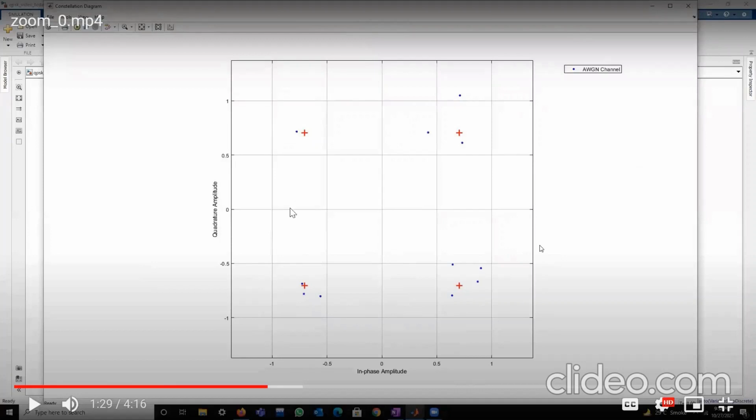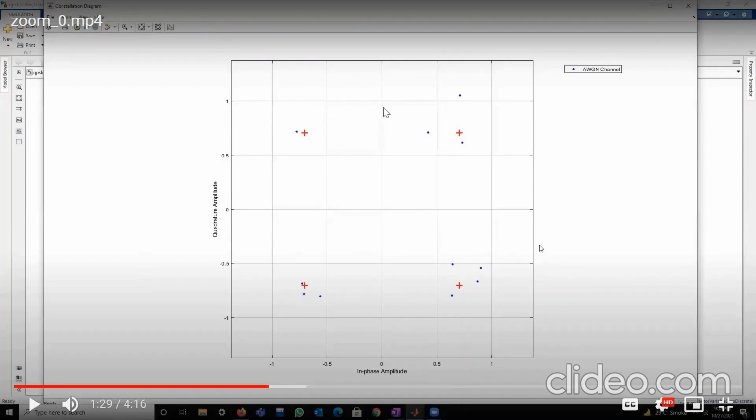In this constellation diagram, there are 4 phases, which are pi by 4, 3 pi by 4, 5 pi by 4, and 7 pi by 4. It will vary accordingly for different modulations. As we can see, this blue dot represents the noise, and this is a phase shift. The difference between this point and this blue dot is due to the noise which is added in the AWGN channel. So this noise causes the points to spread out.